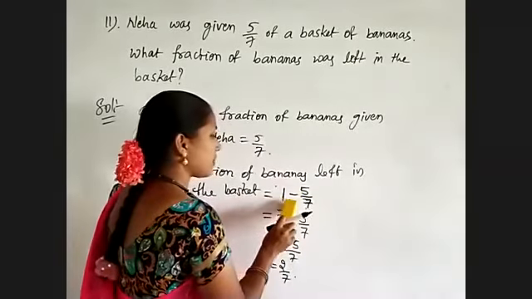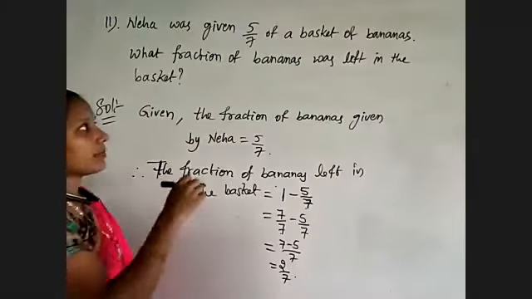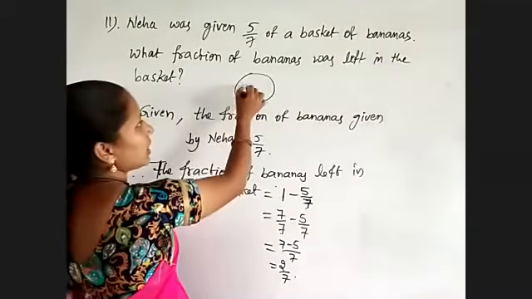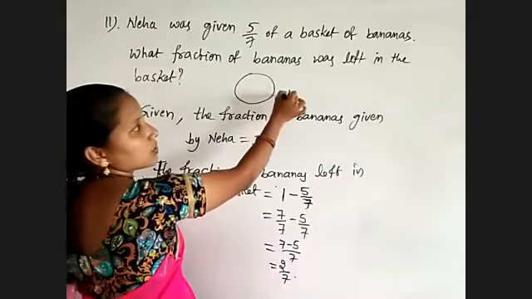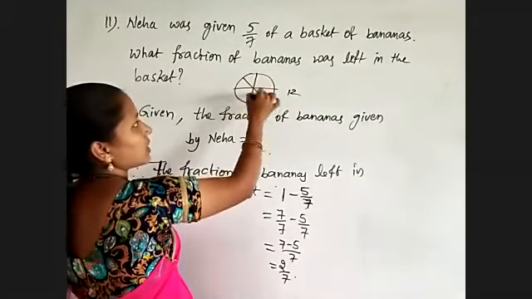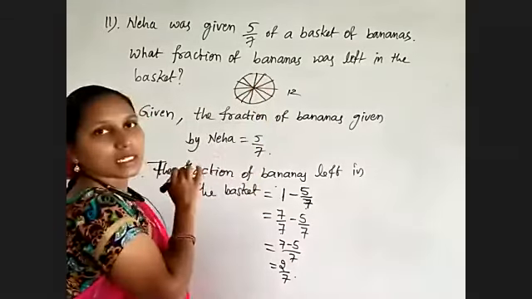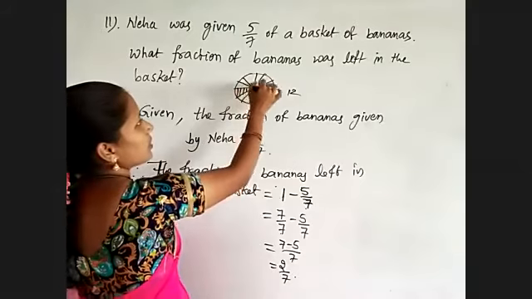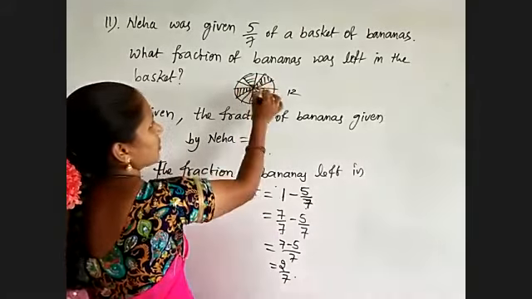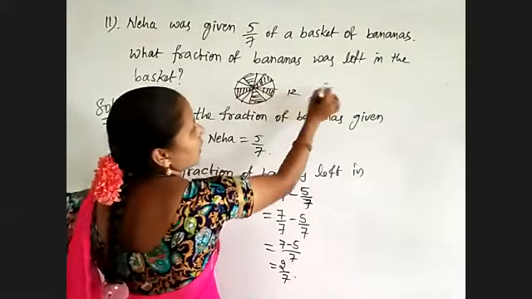See, for this type of question I will tell you one thing. For a birthday, one person bought a cake and it is divided into 12 parts, for suppose 12 parts. 1, 2, 3, 4, 5, 6, 7, 8, 9, 10, 11, 12 parts. Out of 12 parts, he distributed 1, 2, 3, 4, 5 parts. 5 parts given.